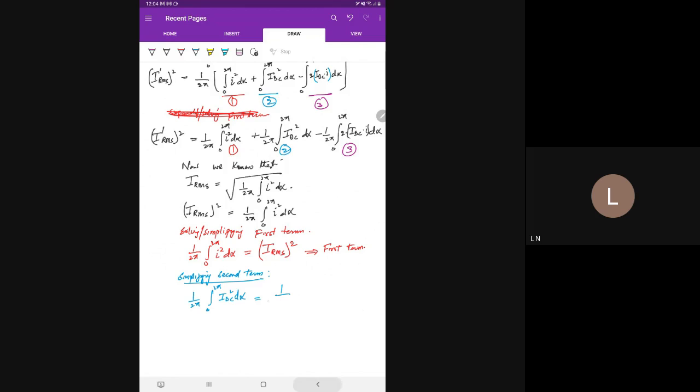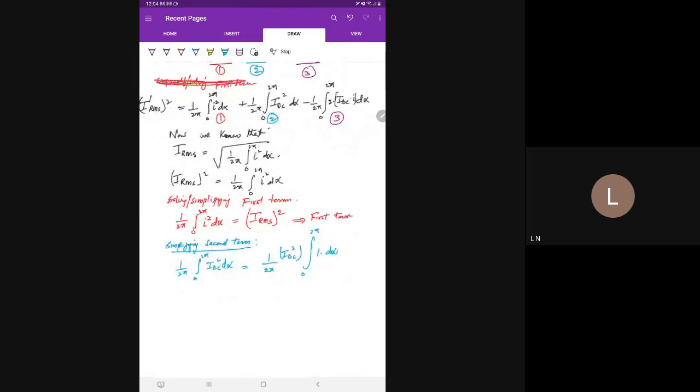So IDC will not be integrated. IDC square will be taken out, and we are left inside with 0 to 2 pi, then 1 into d alpha.